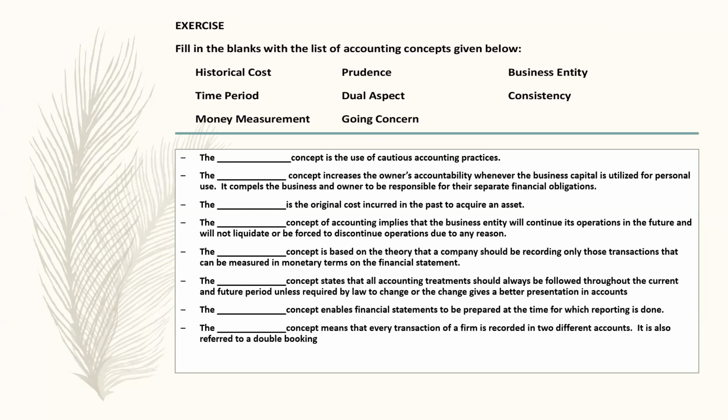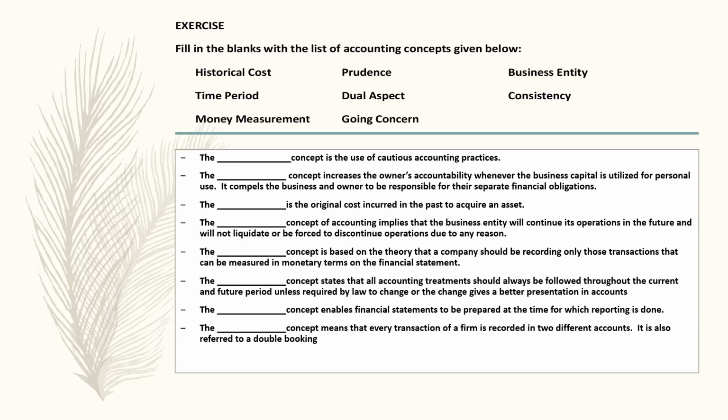The fourth answer is going concern. The going concern concept of accounting implies that the business entity will continue its operation in the future and will not liquidate or be forced to discontinue operations due to any reasons. Okay, so that is the fourth answer, going concern.